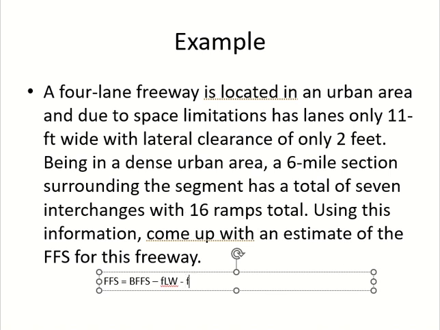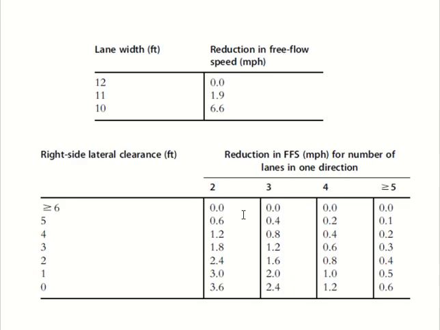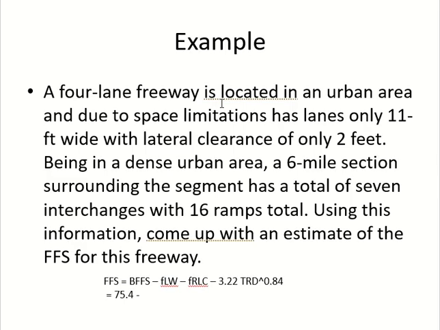Anyways, let me write the equation first. So this is the equation to calculate the free flow speed for a freeway. Okay, so like I mentioned, BFFS, the base free flow speed, will take it 75.4. Okay, factor for lane width, my lane width is 11, so my factor is 1.9.